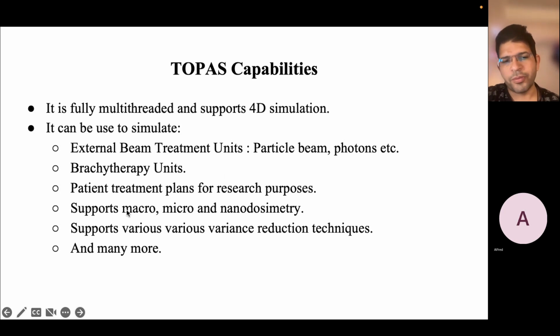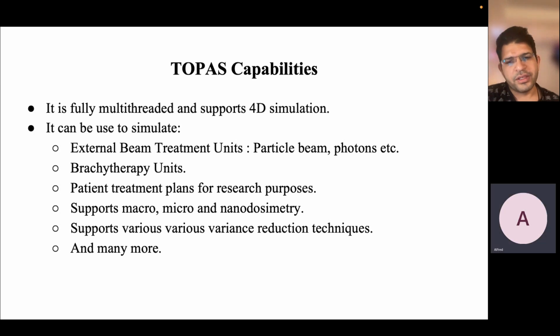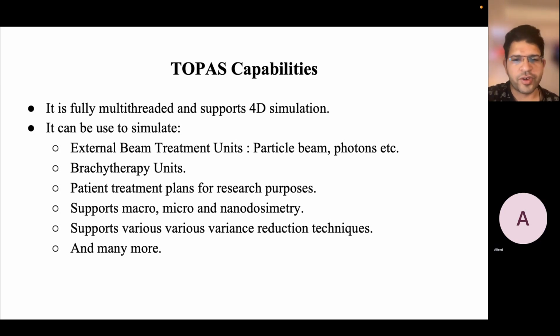Then you can perform all kinds of micro, nano, macro dosimetry, and there are different techniques by which you can optimize your simulation, like reduce its time. It is called variance reduction. Maybe we will not be touching this part in this workshop, but in a later, advanced workshop I will plan for this.